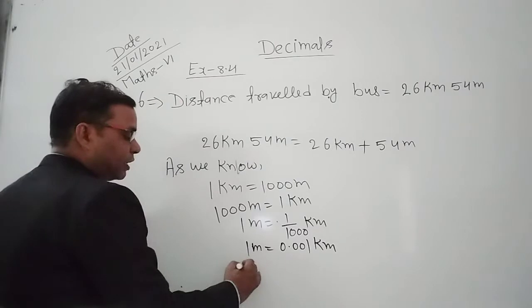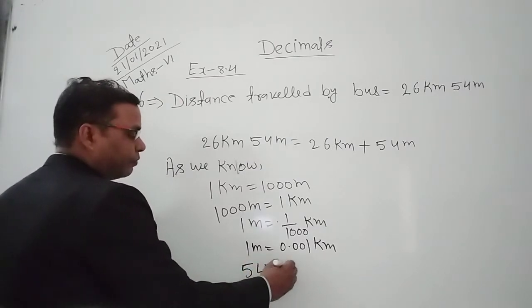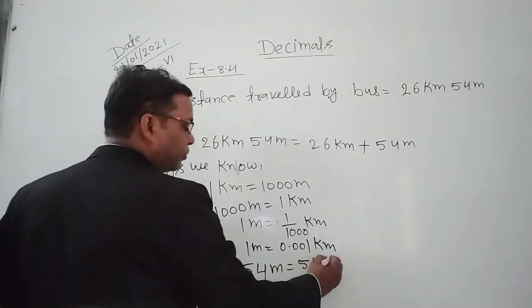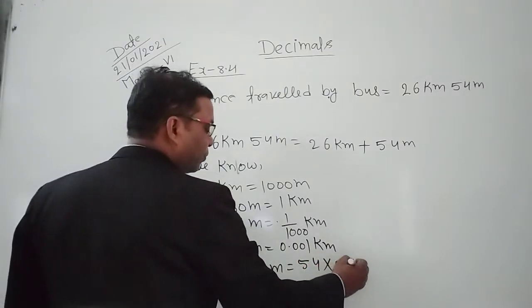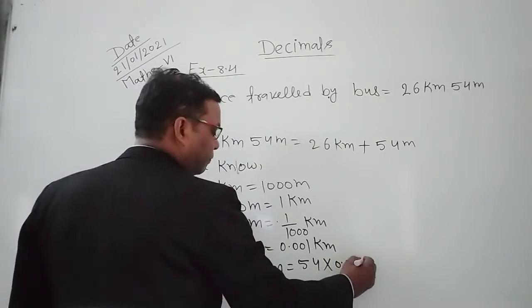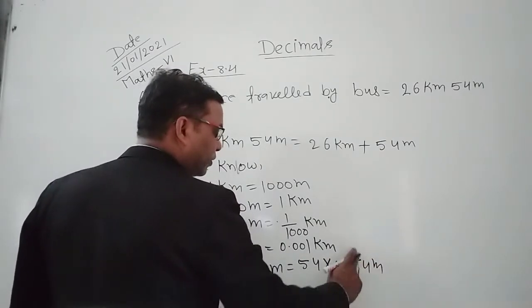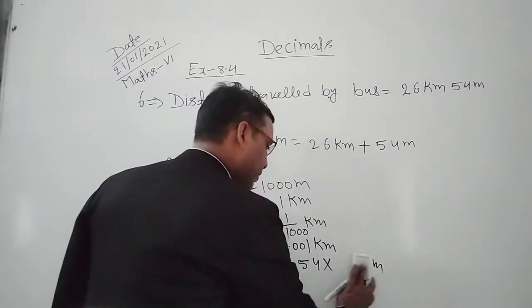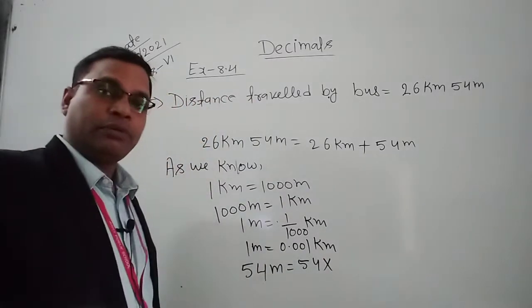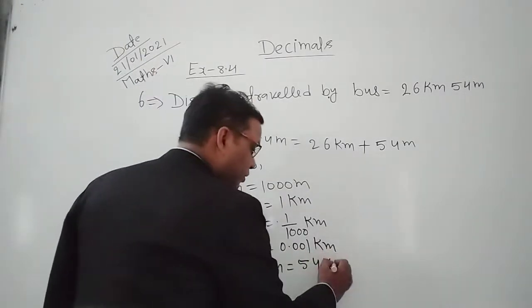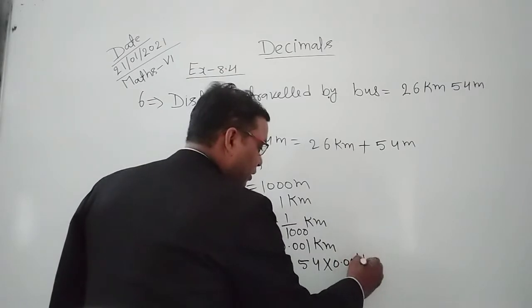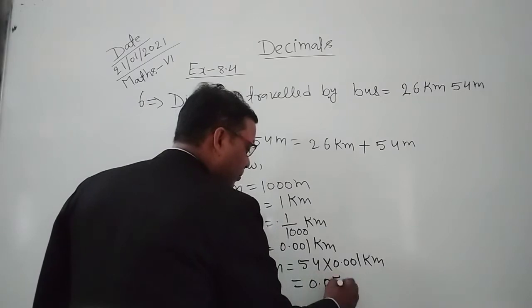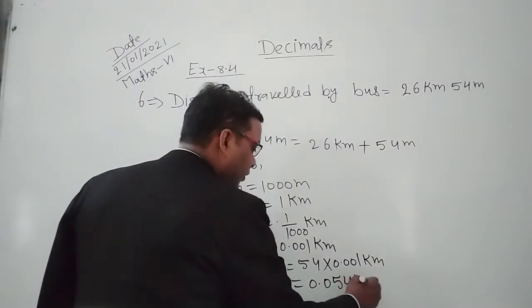So 54 meter is equal to 54 into 0.001 kilometer, then you get 0.054 kilometers.